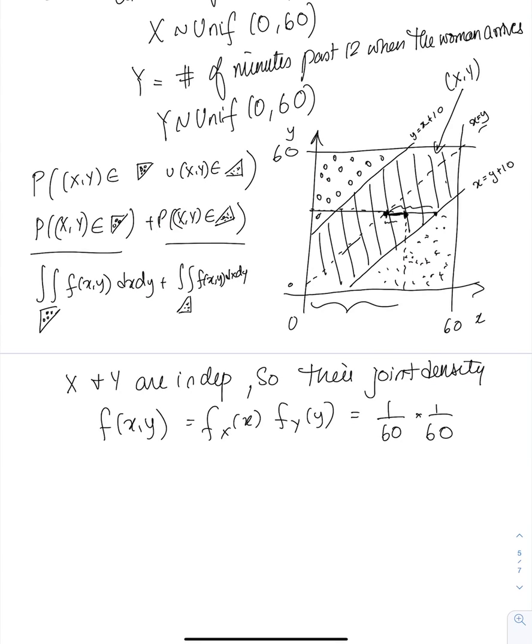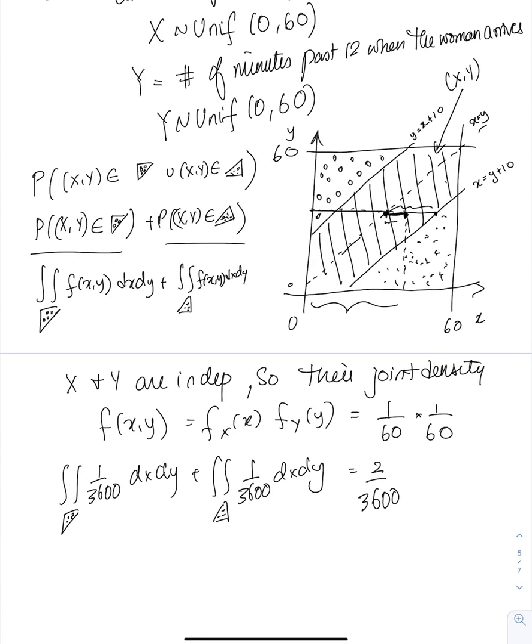Now going back to the integral, we have to integrate over that upper triangle 1 over 3600 dx dy plus the integral over the lower triangle 1 over 3600 dx dy. Both of these triangles are the same by symmetry, and you could use that as 2 over 3600 times the area of any one of them, because they're equal by symmetry.